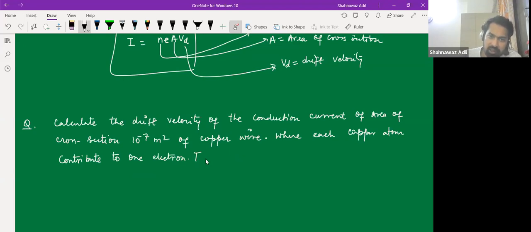And the current is, let's say, 1.5 ampere.